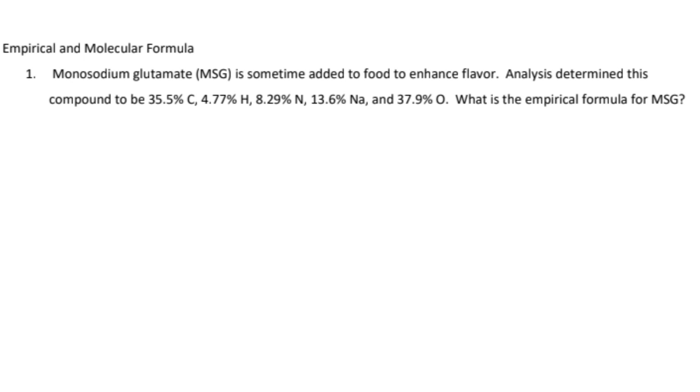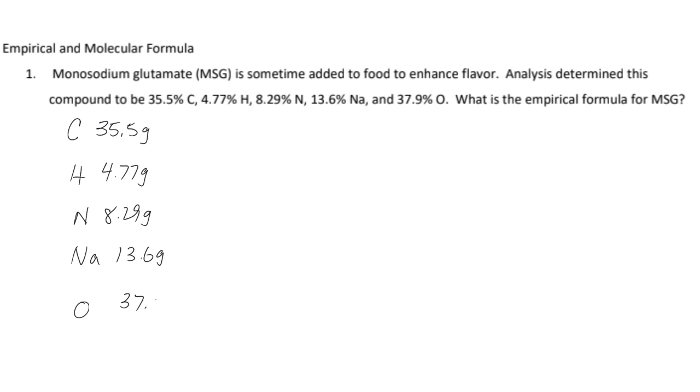So for carbon, we have 35.5 grams. For hydrogen, we have 4.77 grams. For nitrogen, we have 8.29 grams. Sodium, we have 13.6. And oxygen, we have 37.9. So that's the first step, percent to mass.